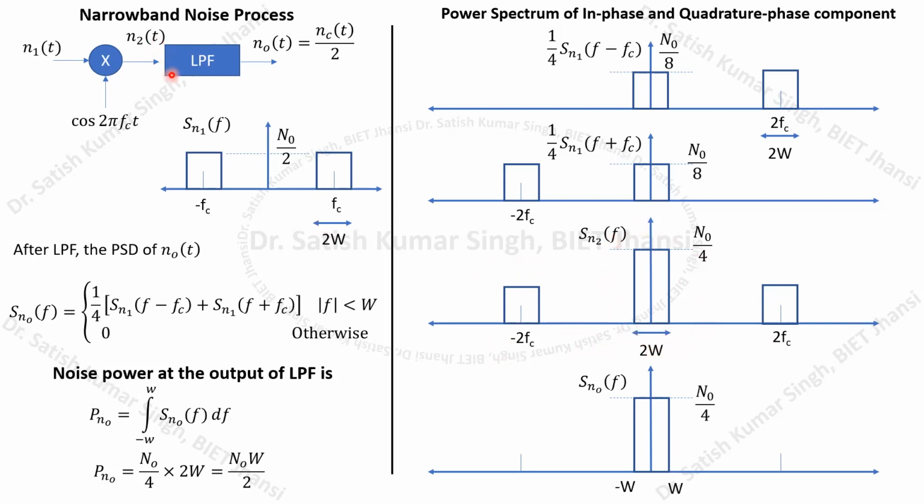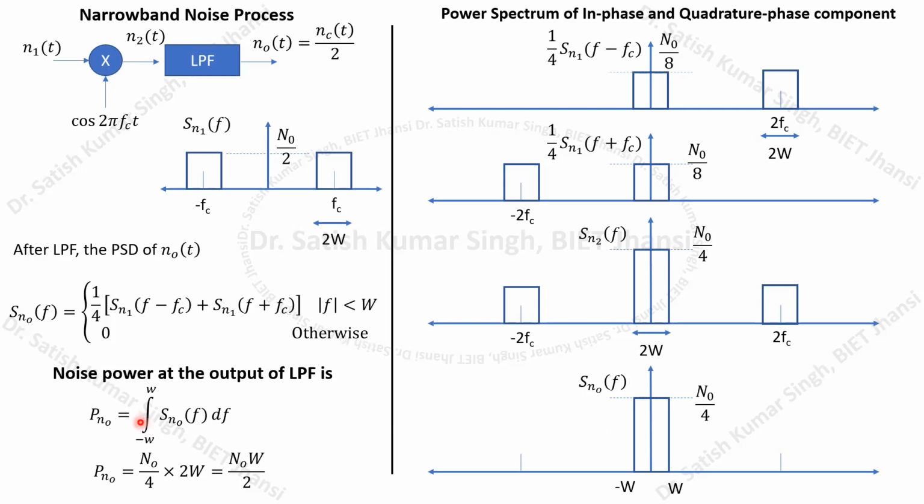The output of this low pass filter is denoted by N output T, and therefore this N output F will be equal to this particular power spectral density. This will be the portion allowed to pass, the actual output of your filter, and therefore we can calculate the power of your narrowband noise process at the output of the low pass filter. How to calculate that?